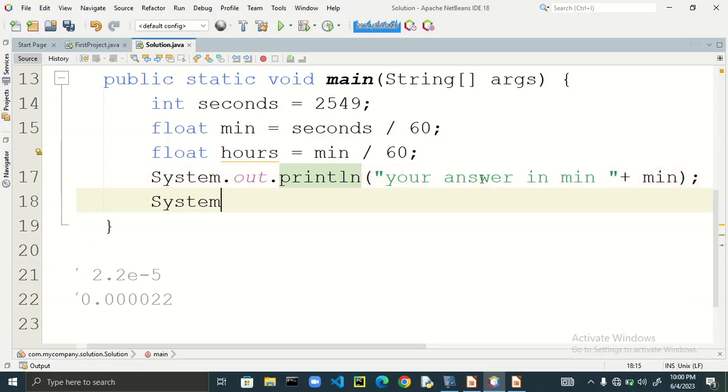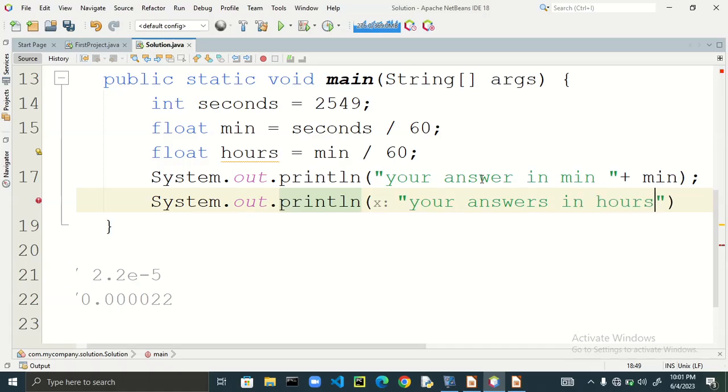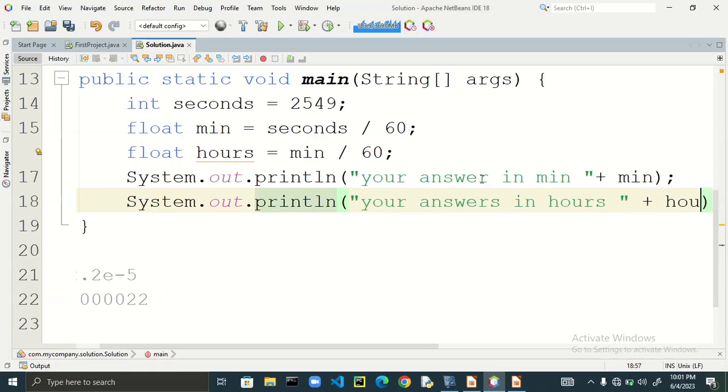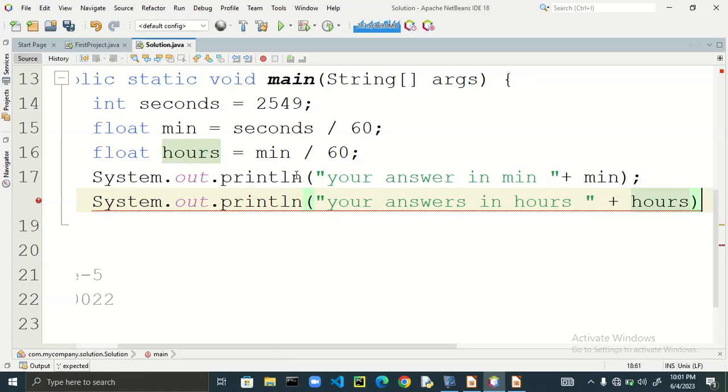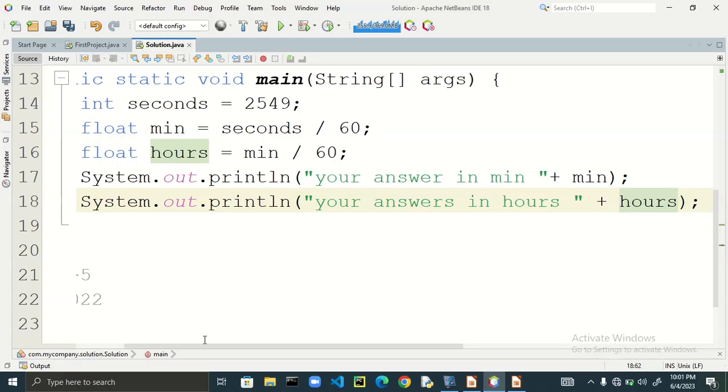So we can also say System.out.println, and then let's see, your answer in hours, or maybe hour, I don't know if it's up to hours. Then you put your plus and then your hours, which is this one here. Remember your semicolon at the end.